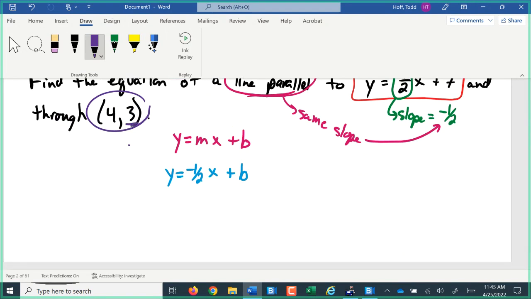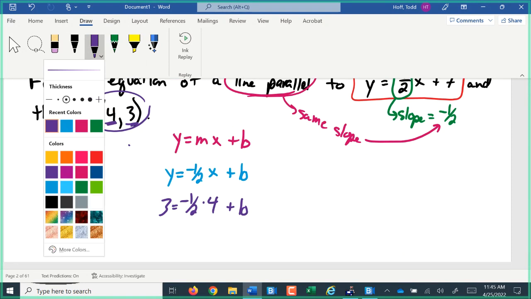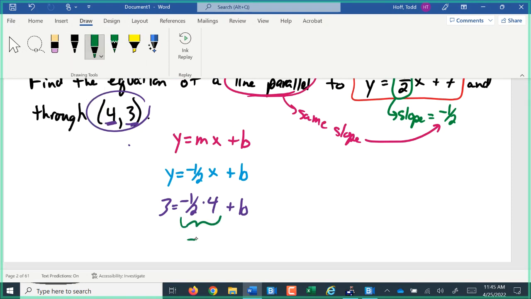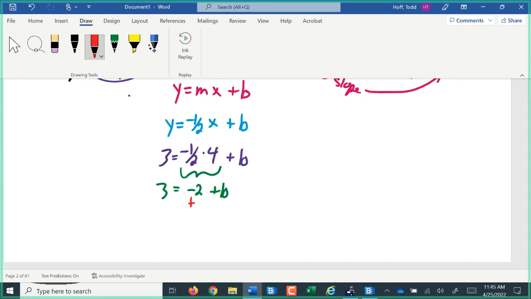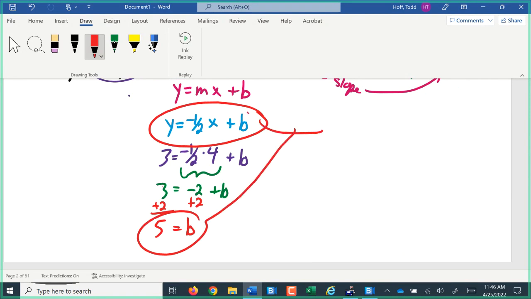So the y value is the 3, equals negative 1/2 times the x value is the 4. And we solve. Negative 1/2 times 4 is a negative 2. So 3 equals negative 2 plus b, and we solve for b by adding 2. 3 plus 2 is 5 equals b. So once again, we come back up to that equation, replace b with 5. Y equals negative 1/2 x plus 5 is our equation.